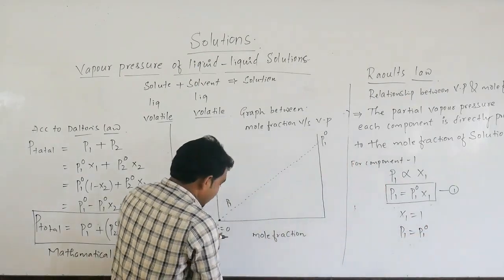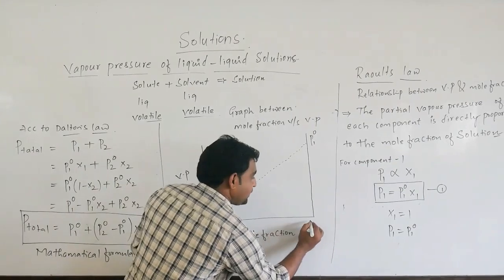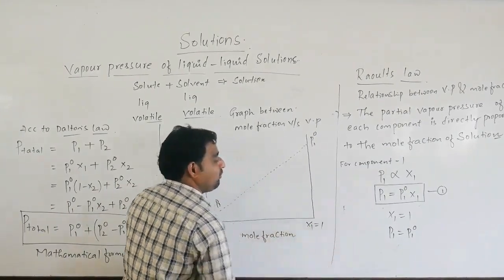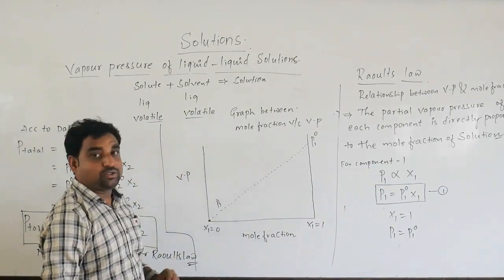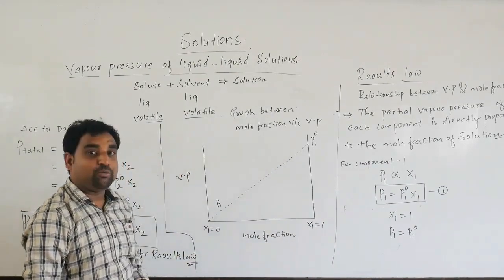So as the mole fraction x1 increases to 1, the vapor pressure also increases. This is the first component graph.